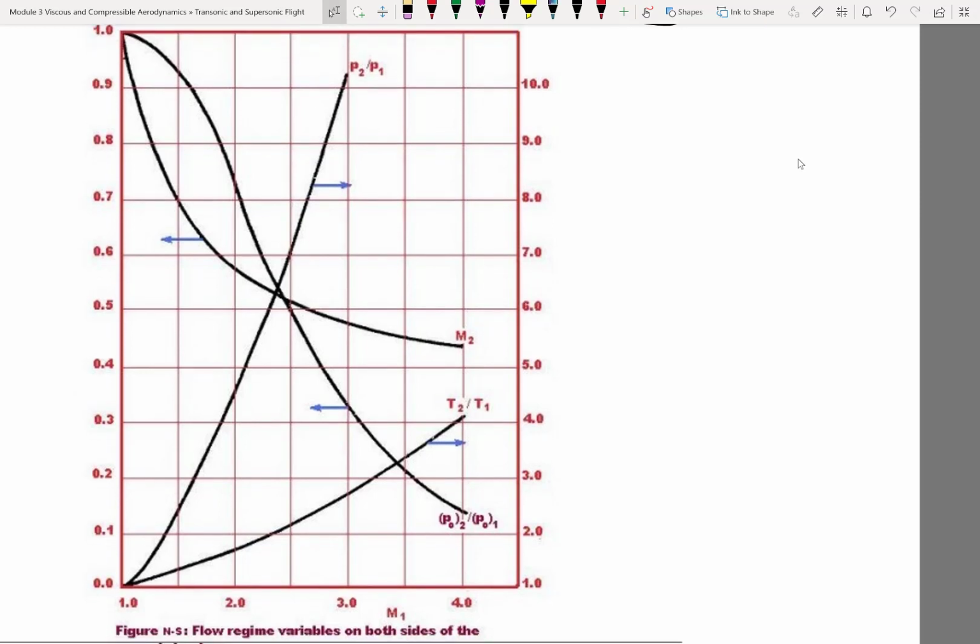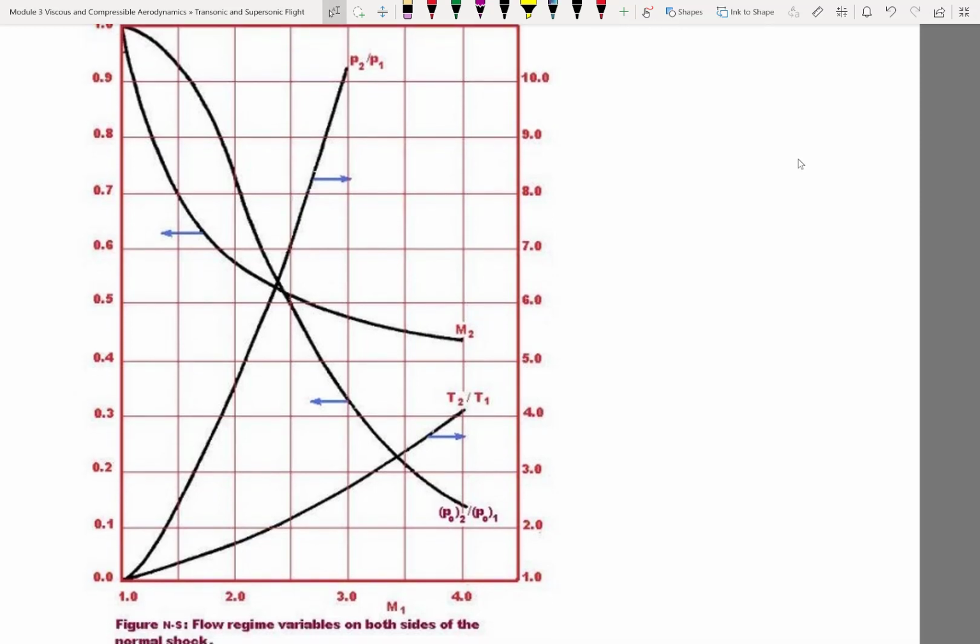So the line is horizontal, which means when the shock is very weak, when the upstream Mach number is just slightly greater than 1, and the downstream Mach number is only slightly less than 1, the loss in stagnation pressure is very small. So basically, a loss in stagnation pressure is negligible if you have a very, very weak shock. And we'll see how that is going to be very important when we start looking at oblique shock waves.